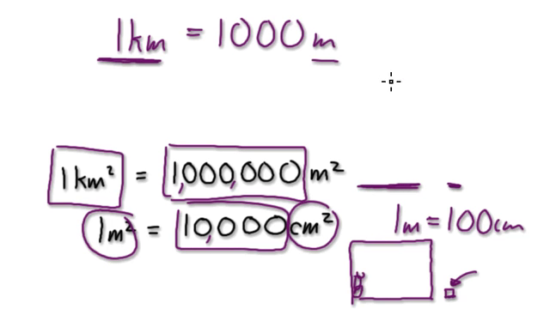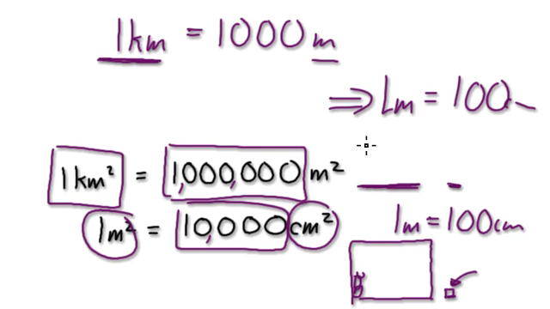So when you look at 1 meter equals 100 centimeters, you are looking at a length. But when it comes to meters squared, you're looking at an area, and it turns out that there are 10,000 of these little squares inside this big square.